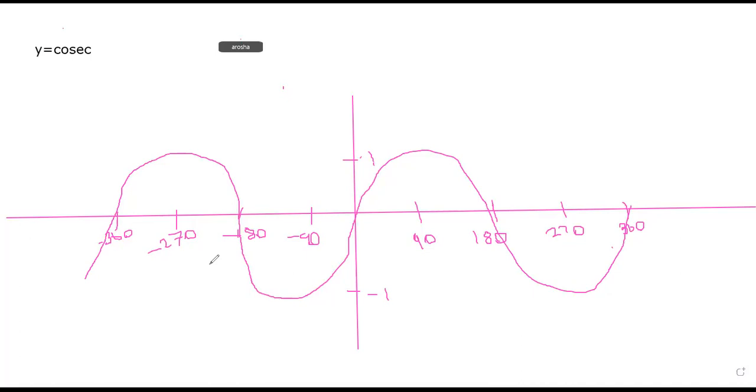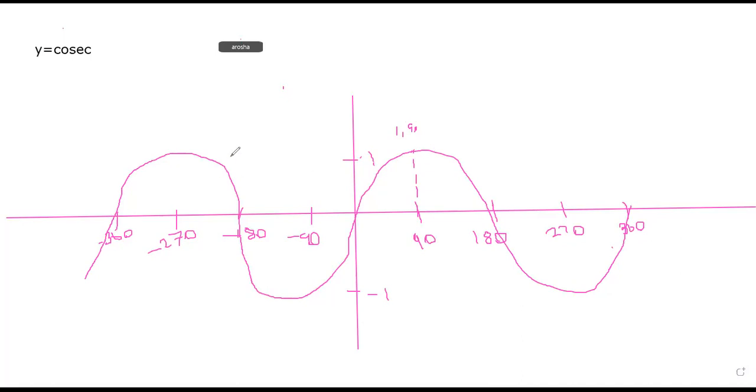When you draw, it should not be very perfect, but the examiner should be able to identify the points. The maximum point should be 1 at 90, and it should go like that. Just try to draw it a little bit perfectly, marking the points.